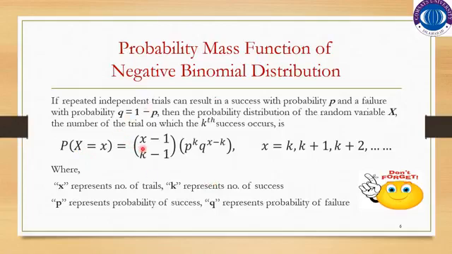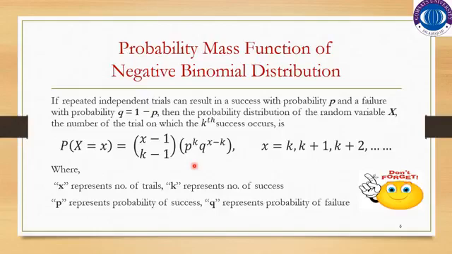In negative binomial distribution, we will do the trials or the experiment until we get the required successes. Let's say that you will toss a coin until you get 3 heads. As you know, the outcome of tossing a coin would be head or tail.